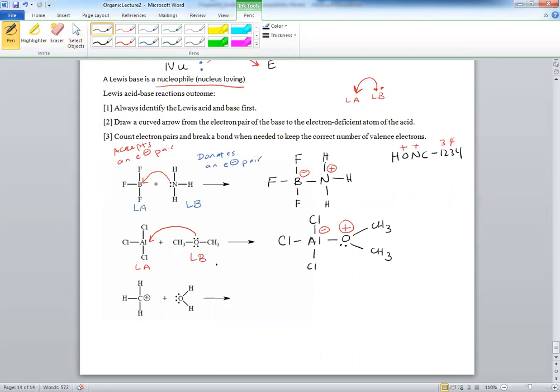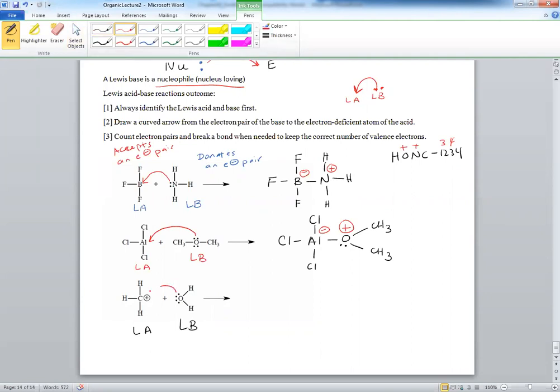Same thing here. Which one would be? You should pause and actually work on this one. So again, here's our Lewis base. Why? Because we have lone pairs. This one has a positive charge, so clearly it's a Lewis acid. It's going to accept the electron pair.